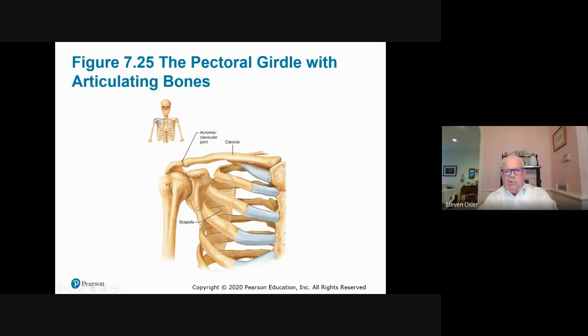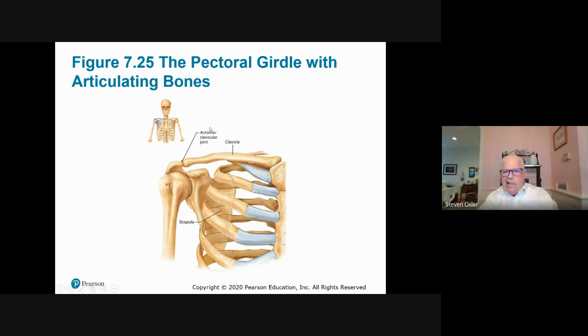This is your shoulder girdle or pectoral girdle. We'll talk a lot more about it, but here is your clavicle, which attaches to your sternum. This is known as the sternoclavicular joint. You also have an acromioclavicular joint, which attaches to your shoulder.